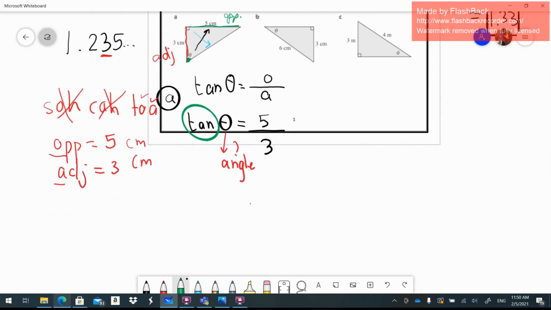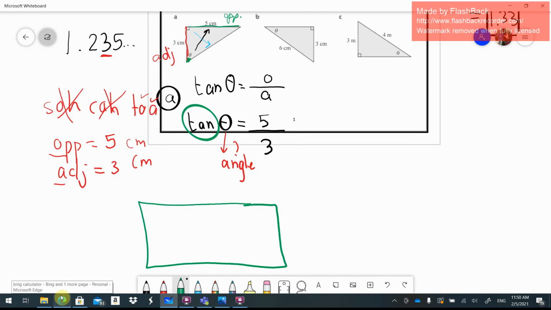On the calculator, this is the calculator screen. You're going to press shift tan, you will get this one, which is the inverse of the tangent, arc tangent we call it, and then you will put 5/3, you will get your angle. And pay attention that the angle should be in degree mode, okay? Therefore, you have to make sure you use the calculator in degree mode.